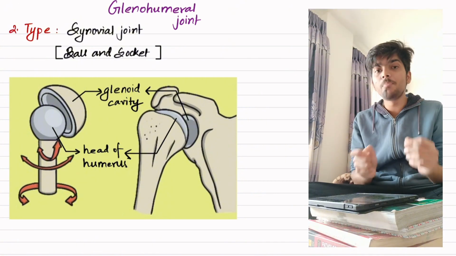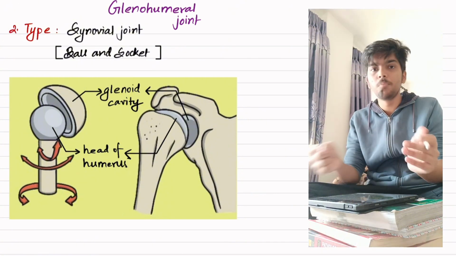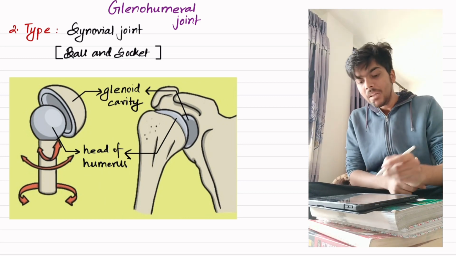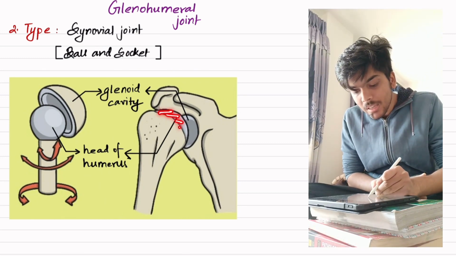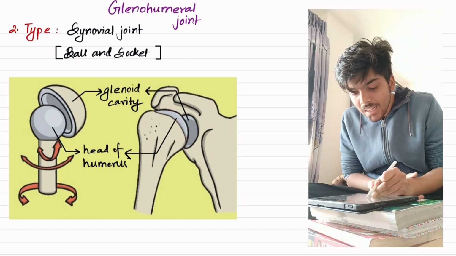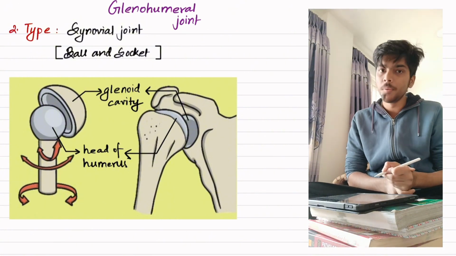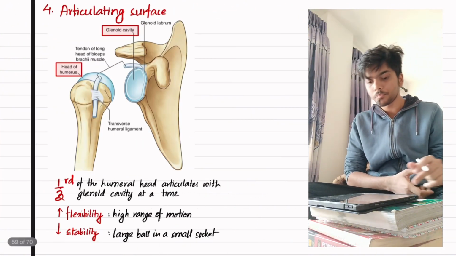So what are the parts of the bone that form the ball and the socket of the ball and socket joint? It is the head of the humerus that forms the ball, and it is the glenoid cavity of scapula that forms the socket.